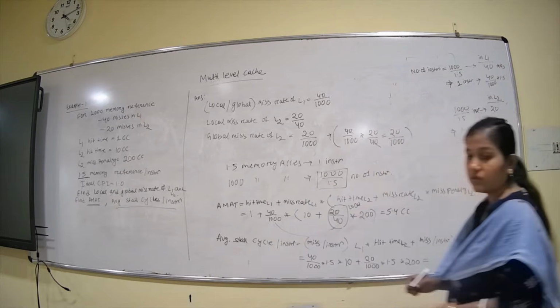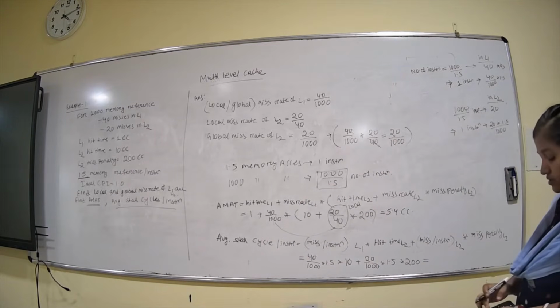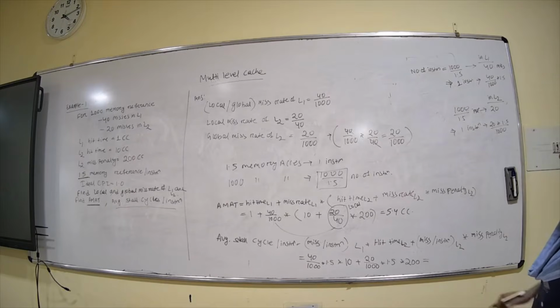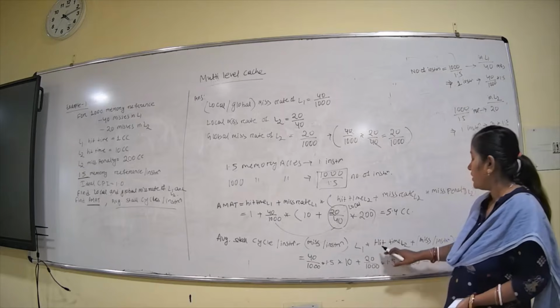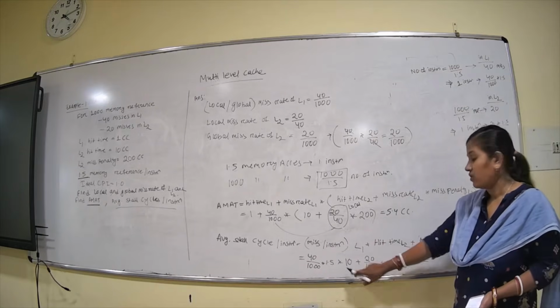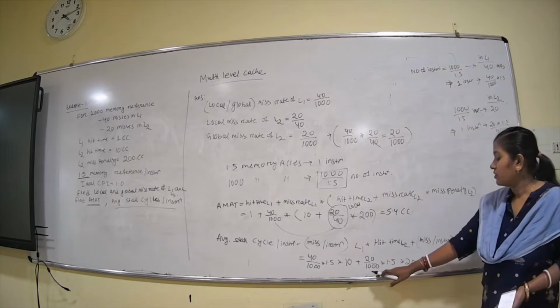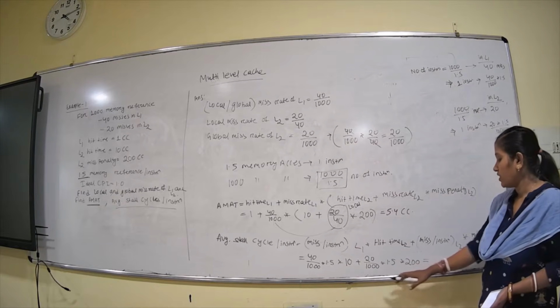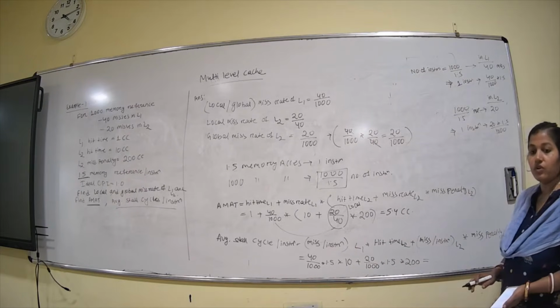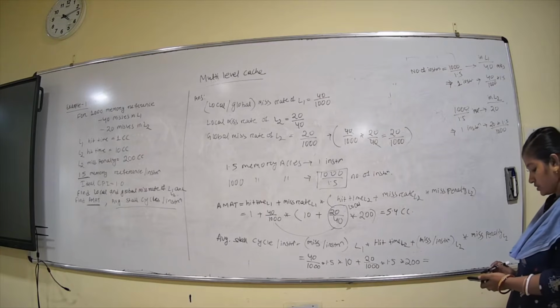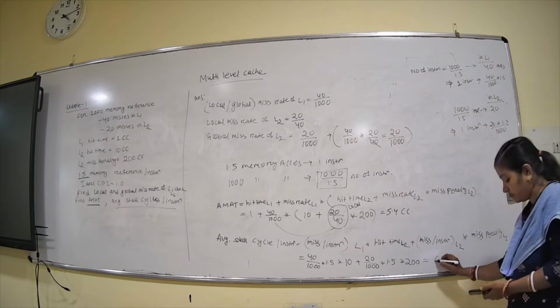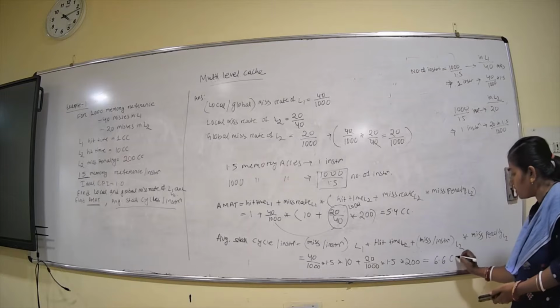Just put these values and you will get the answer. Miss per instruction is 40 by 1000 into 1.5, hit time is 10 clock cycles, miss per instruction in L2 is 20 by 1000 into 1.5, and miss penalty is 200 clock cycles. So the answer is 6.6 clock cycles.